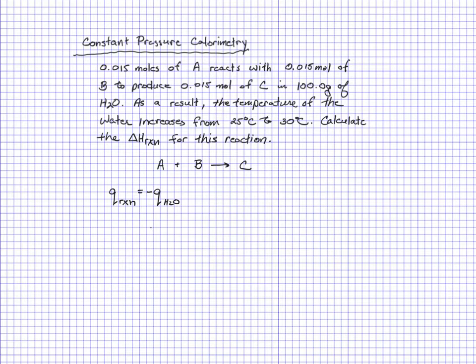Well, we know that the heat that went into the water is going to be equal to the mass of the water, which was 100.0 grams, times the specific heat of water, which is 4.184 joules per gram degree Celsius.